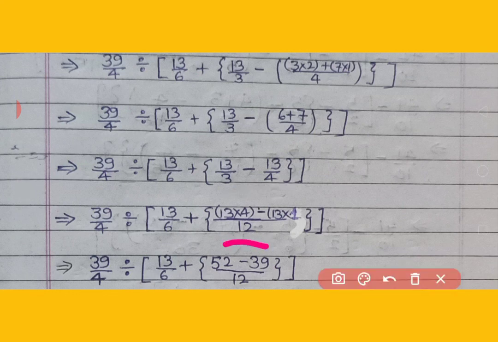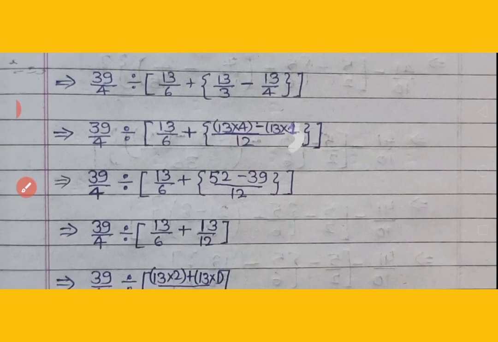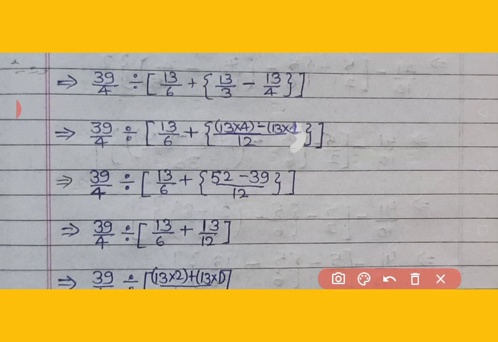So 3 4s are 12, 4 multiplied with 13, and 4 3s are 12, 13 multiplied with 3, here 3, not 1. So it became 39 upon 4 divided by, in large bracket, 13 upon 6 plus, in medium bracket, 52 minus 39 upon 12, medium bracket close, large bracket close.